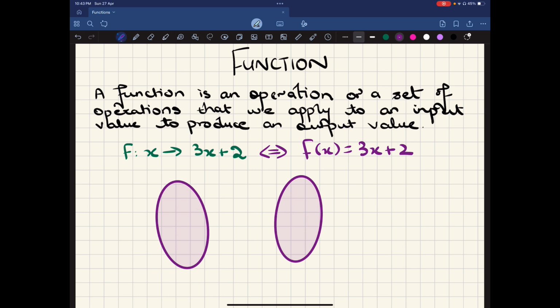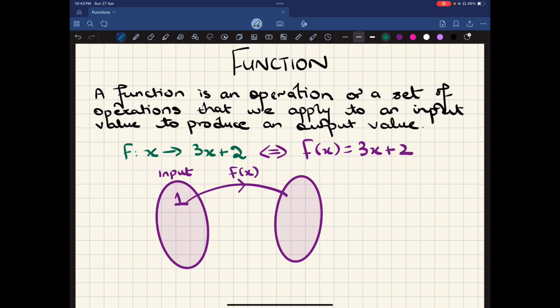You get an input value, for example, x is equal to 1. Then what happens is that we perform a set of operations represented by the function and we get an output value.